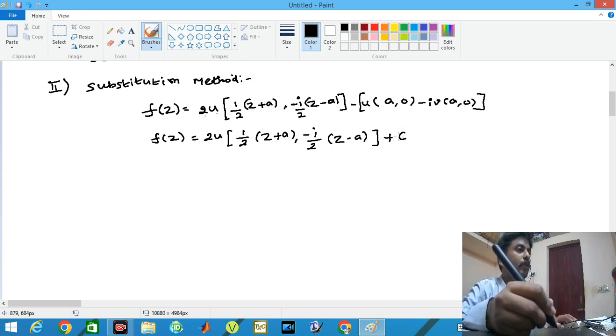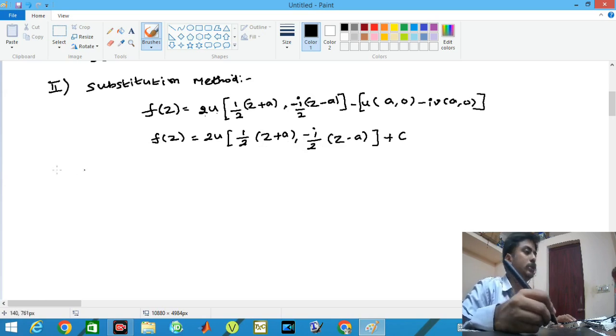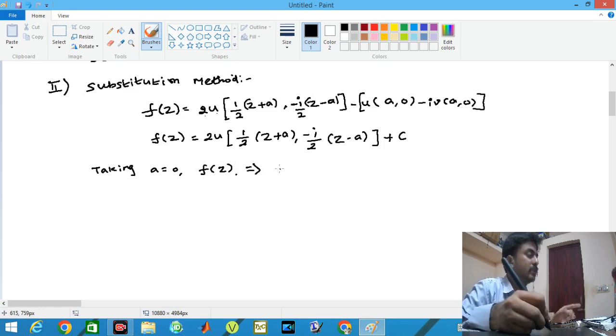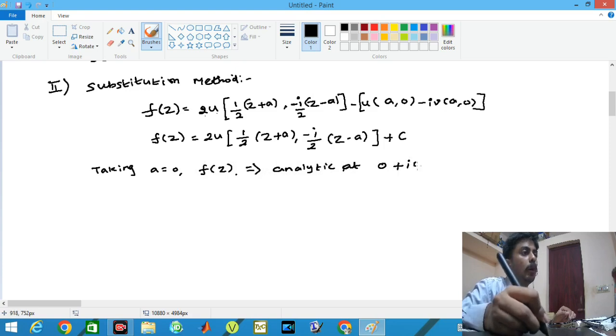Okay, now suppose I take a equal to 0. Taking a equal to 0, we get the function f of z which is analytic at z equal to 0 plus i0.